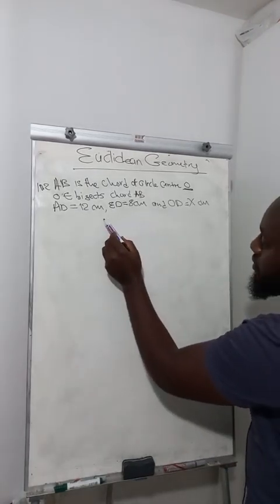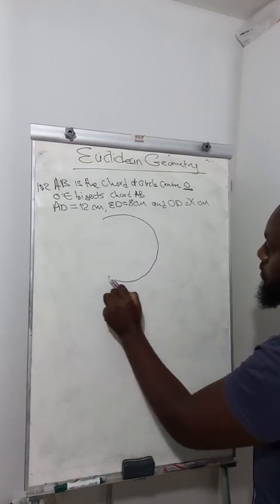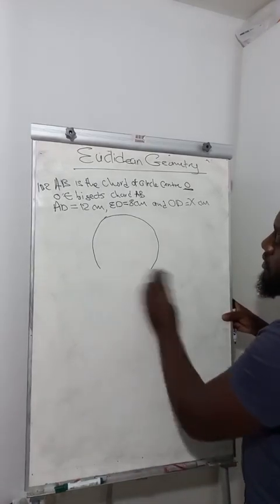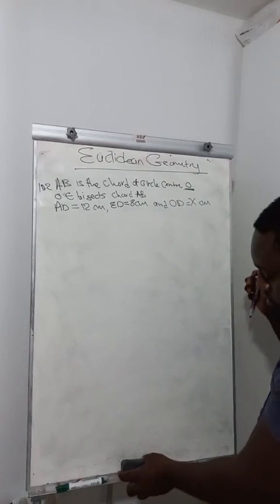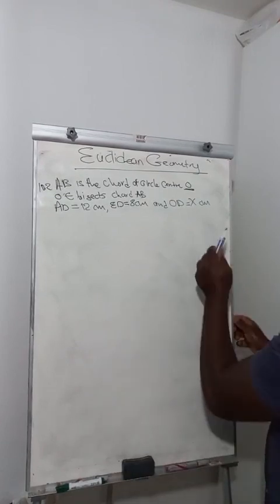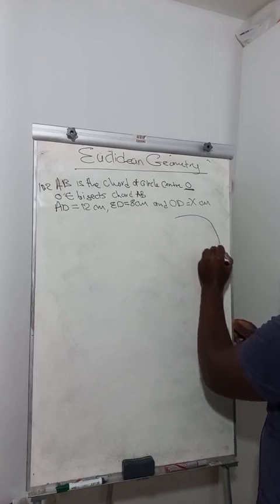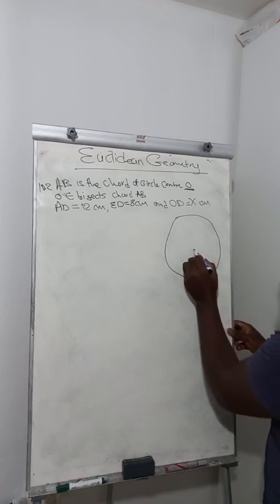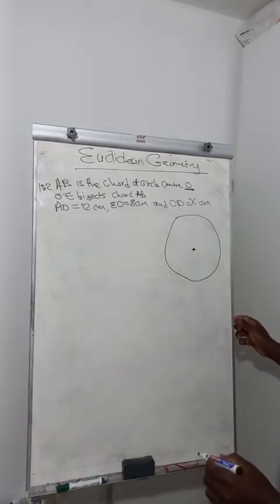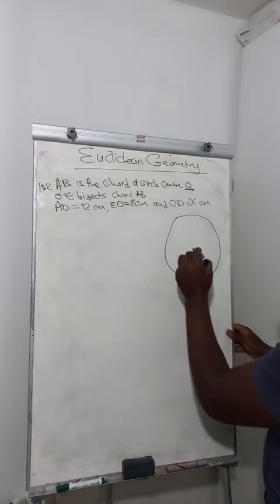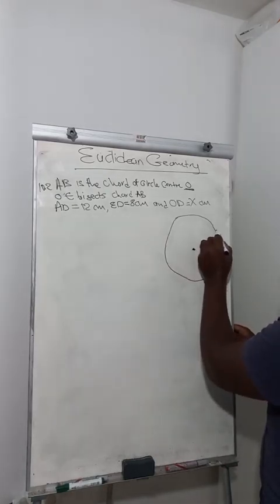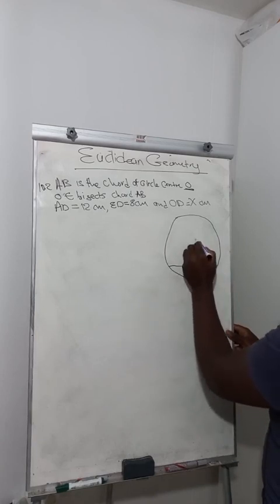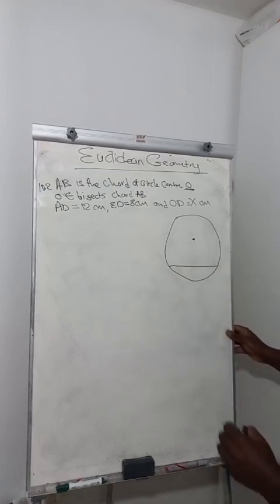And then the diagram is like this. Let me draw it on the side so that we can answer questions without rubbing. Let's say the drawing is like this. They say AB is a chord of a circle. Let's draw the chord here.